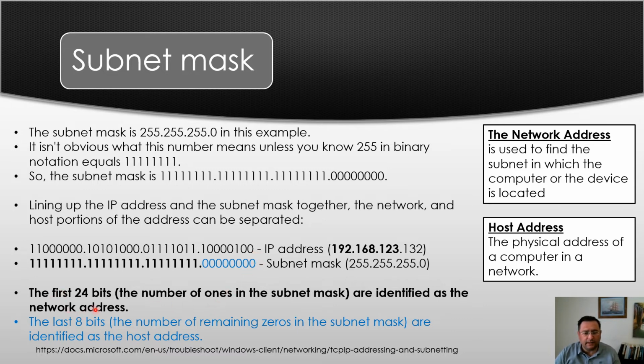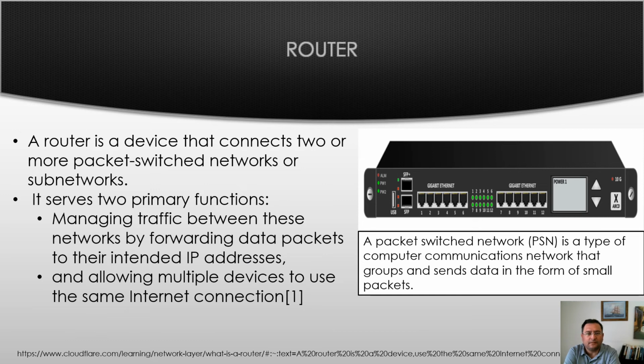After we identify the first 24 bits as the network address, the last 8 bits are identified as the host address. There are several types of routers, but most routers pass data between local area networks and wide area networks. A local area network is a group of connected devices restricted to a specific geographic area.